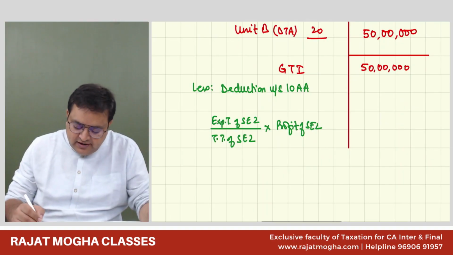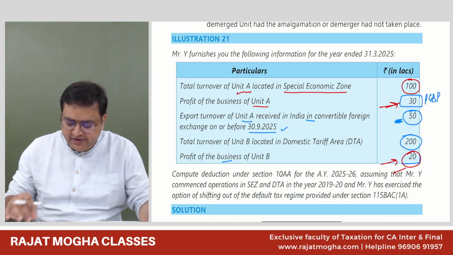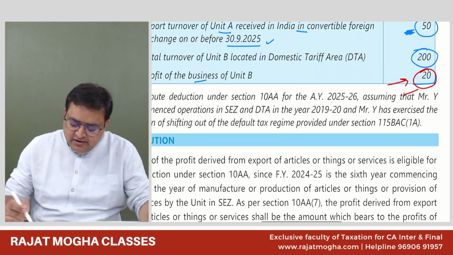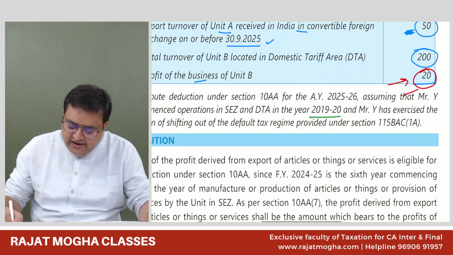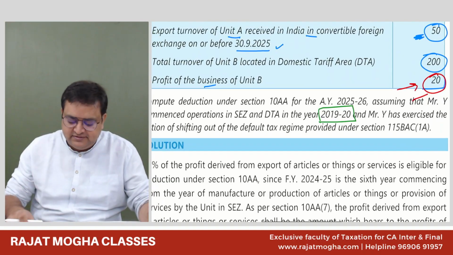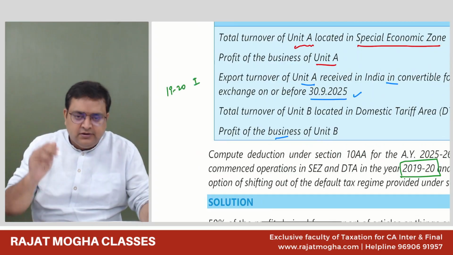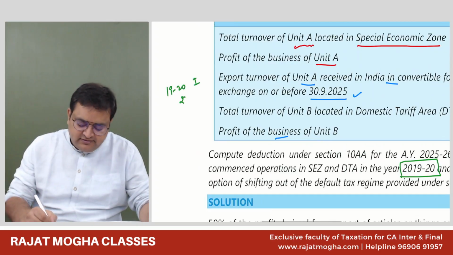let us see in which year we are. We are in previous year 24-25. So let us see in which year we are. We have started the business in 1920. So 1920 is the first year when we have commenced the business. Then 2021, just do it roughly, 21-22, 22-23, and 23-24.